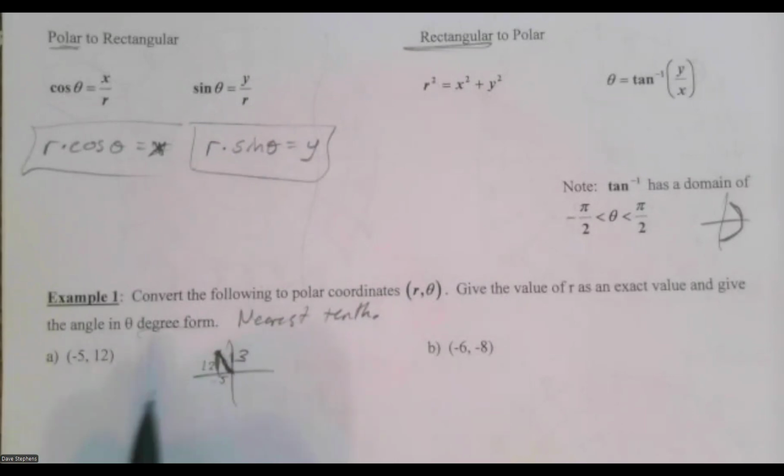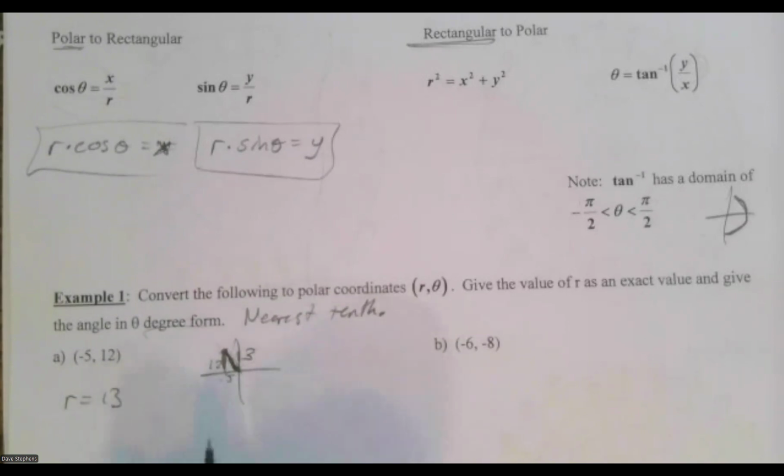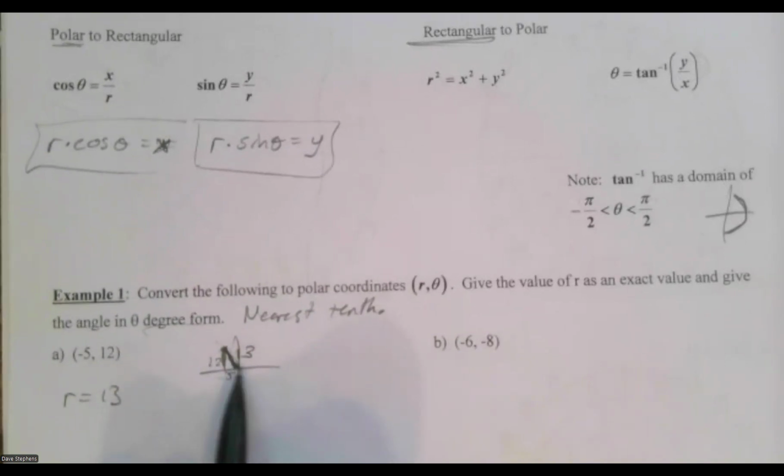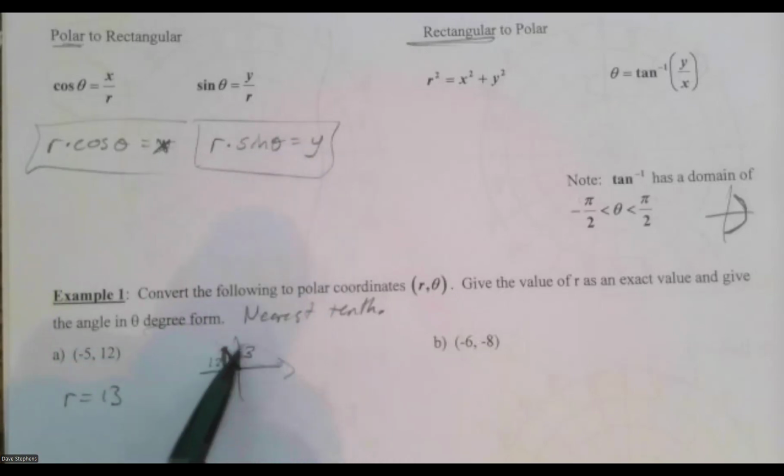It's a 5, 12, 13 right triangle. No big deal. All right, so now what I need to do, since I know my r value, right? R is equal to 13 without doing all the work. I now have to go find my angle theta, right? So we know that the positive x-axis is 0. So what angle is going to bring us all the way up to here?